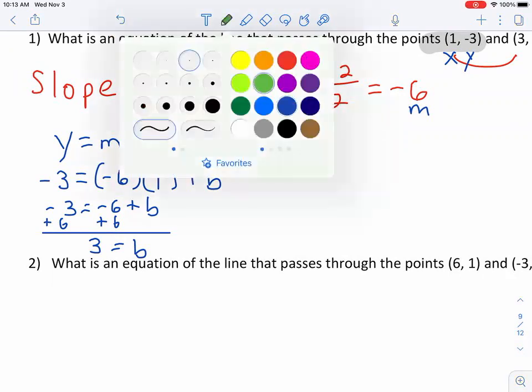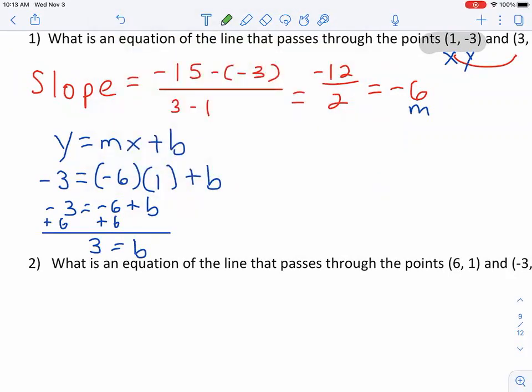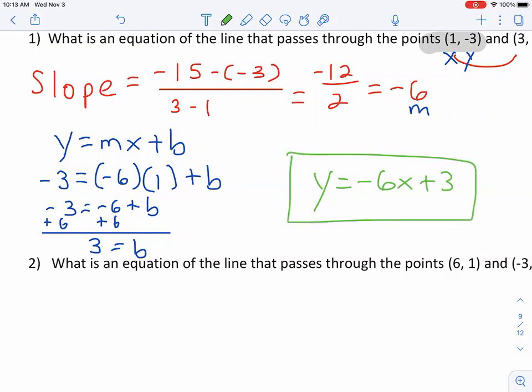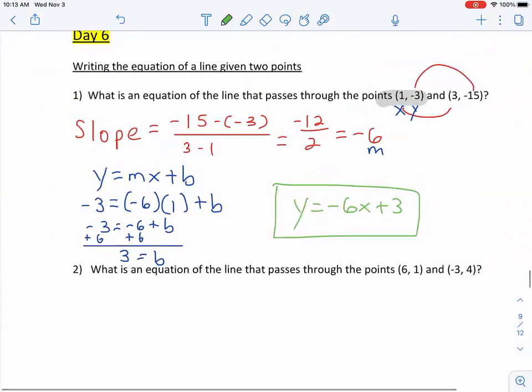So my answer, I'll write in green, is going to be y equals our slope, which was negative 6, x, and then plus our b value, which was 3. So the answer is y equals negative 6x plus 3. All right, so again, find the slope first. Then we do the y equals mx plus b.